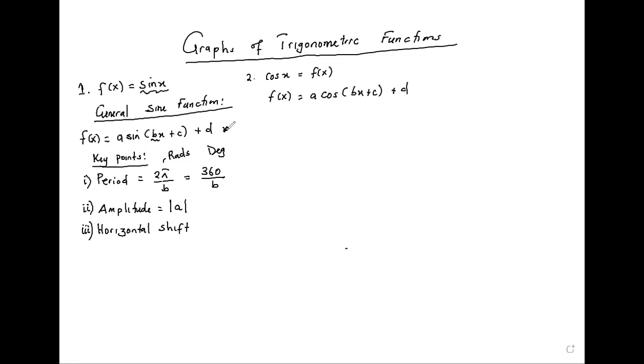So the horizontal shift is the shift along the x-axis, that is obtained by equating bx plus c to 0. And then the fourth property is the vertical shift. This is just d. Just as it is. If it is positive there, you get a positive. If it's minus, you get a minus.